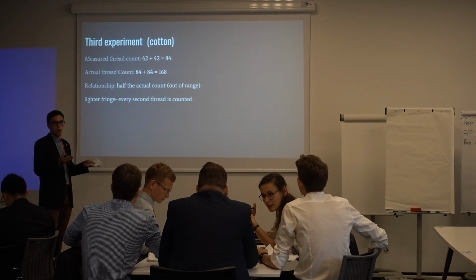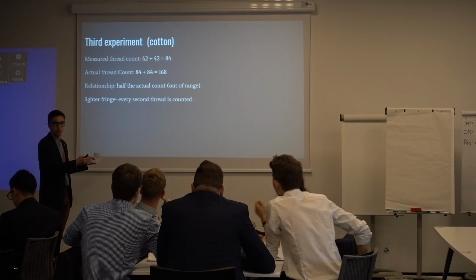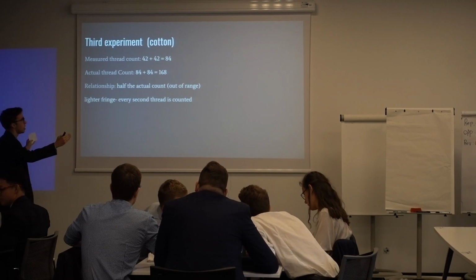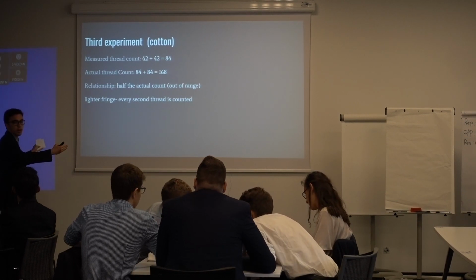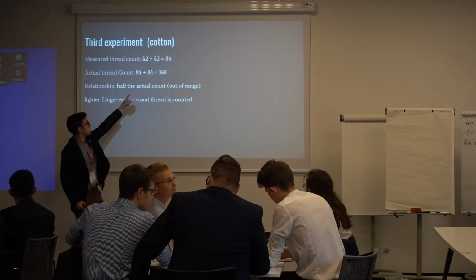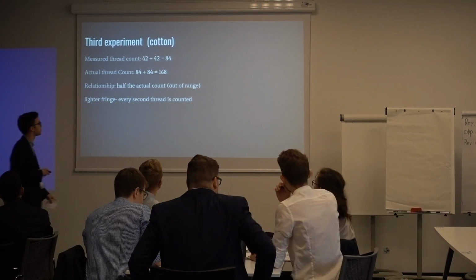It can only measure, for example, every second thread in this case. So we should have an overlay that has a capacity of maybe 50 to 90 thread count, so that it will give us the right 84 in this case.